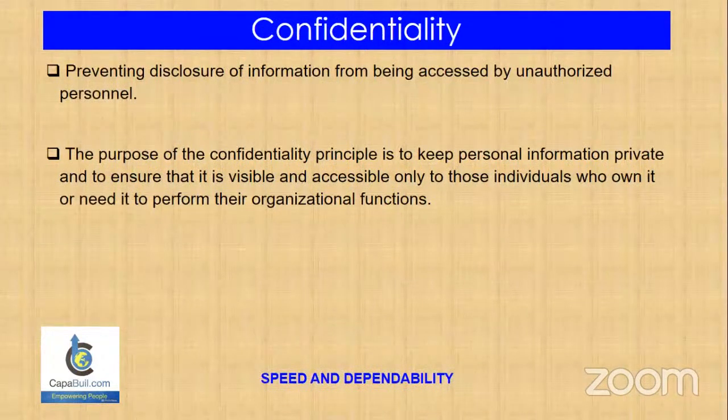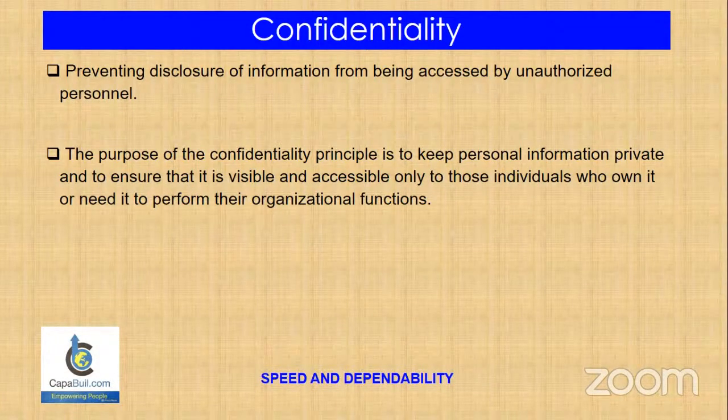Confidentiality is preventing disclosure of information to unauthorized personnel. Ensuring that information is intended for one person, and that person is the only one who can access it, is what we term confidentiality. A good example: you're sending a message to your boss, and you wouldn't want anyone else to see it.